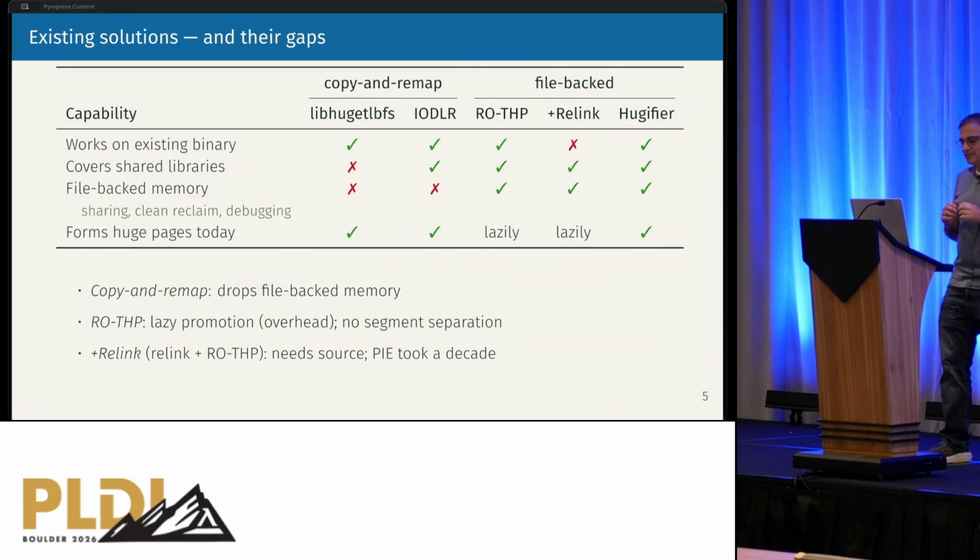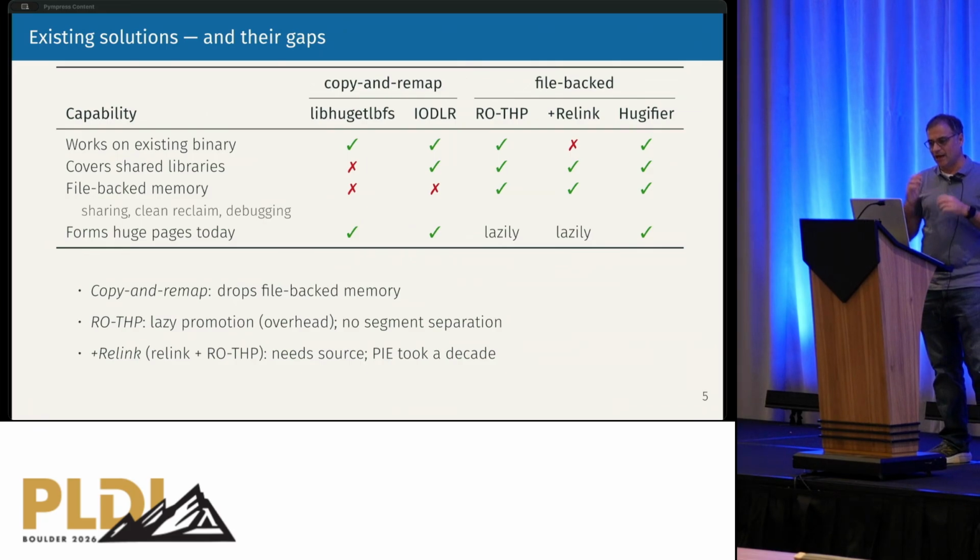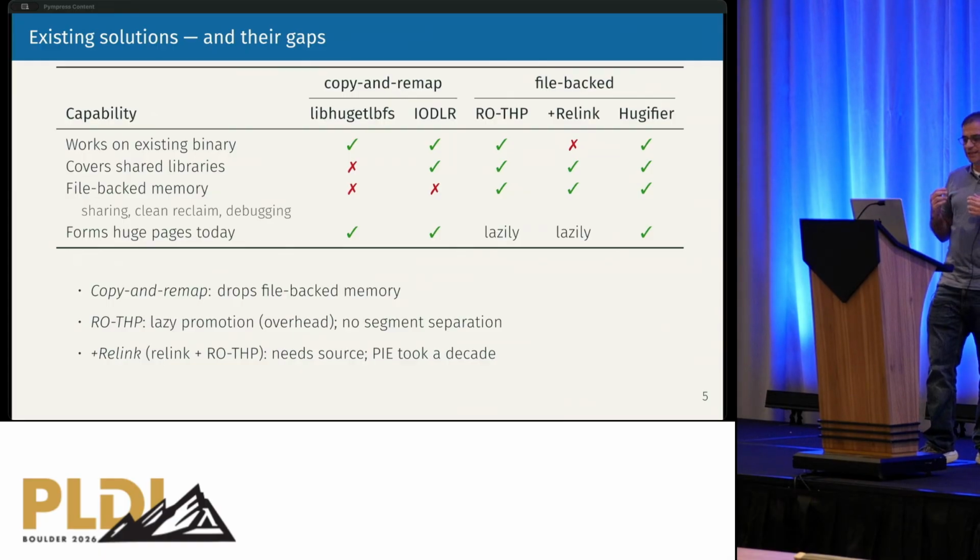On the other side, we have solutions which are file-backed. The most prominent is read-only THP, read-only transparent huge pages. This is a feature that you can build into your kernel, and it allows the operating system, by special casing executable code, to more easily form huge pages for code.